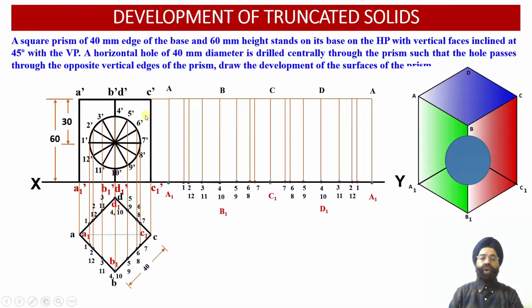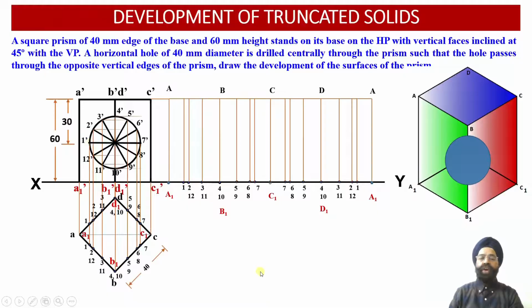Now the height corresponding to these 12 points we are going to obtain from the front view projections over here. So alongside the lateral surface where these points are lying, we have identified over here. On the front side we are going to obtain at what height these points are going to lie with respect to the horizontal plane.